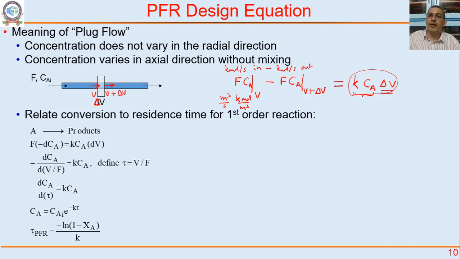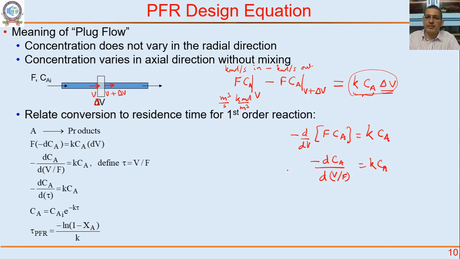Now if you divide throughout by delta V, what we will get is minus d by dV of F into CA is k CA. And then if you want, you can write this slightly differently, minus dCA by dV by F as kCA, and that's how you get this expression.